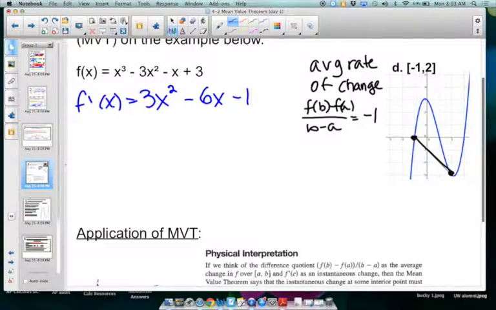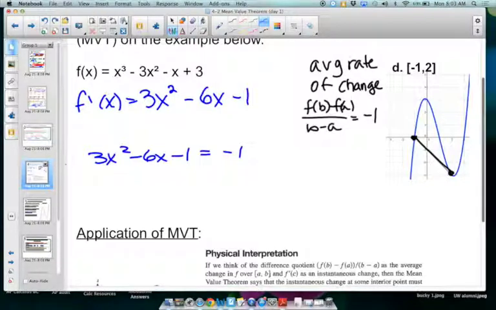So I want to know where the slope, the tangent line on that curve is equal to what? I want to know where this derivative is equal to -1. So I'm going to go ahead and say, well, where is this derivative? 3x squared minus 6x minus 1 equal to -1. I want to solve that.